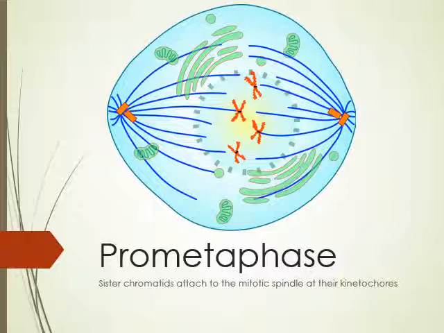So then we enter into prometaphase. Again, what does pro mean? First or before. So this is first before metaphase. The whole thing that happens in this phase, and it's a vital step, is the microtubules attach to the kinetochore. That's it. You attach the microtubules to the kinetochore surrounding the centromere.